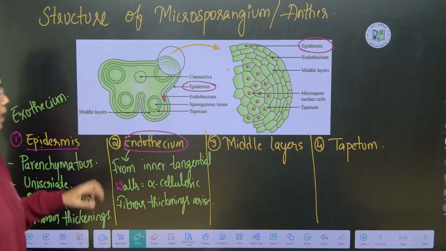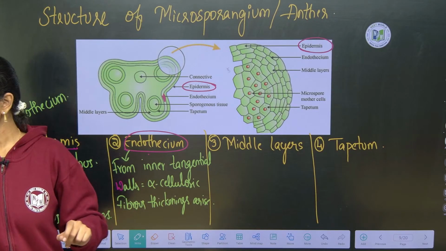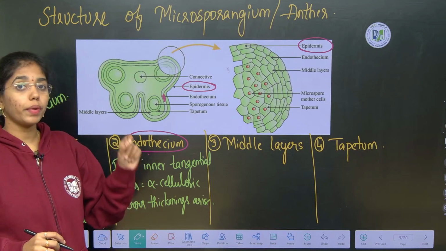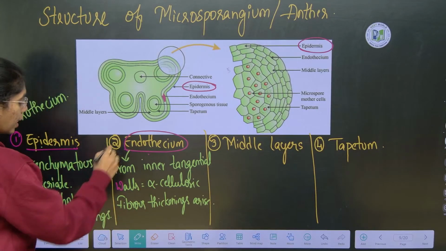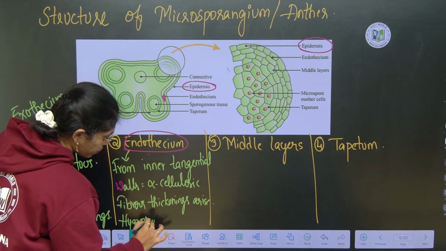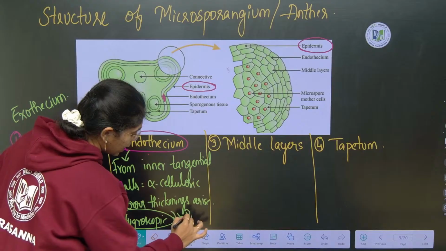These alpha cellulosic fibrous thickenings are hygroscopic in nature, which help in pollen grain release, that is pollen dehiscence.